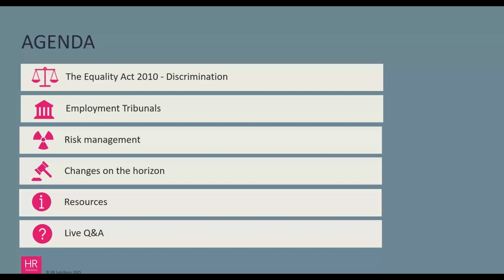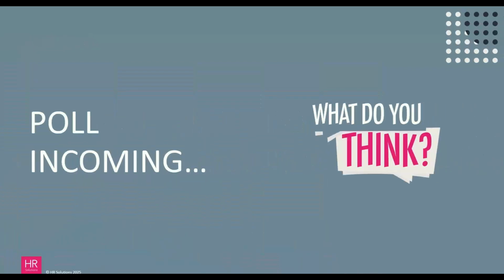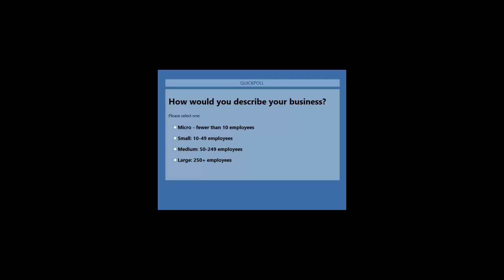And so without further ado, we're going to launch straight into the first 3 quick polls. The first one, so let me just bring that up, is around, just so we can understand where you're all operating and get an idea of everybody that's on the session today. So are you operating in a micro, small, medium or large organisation? So you should see the poll on the screen now.